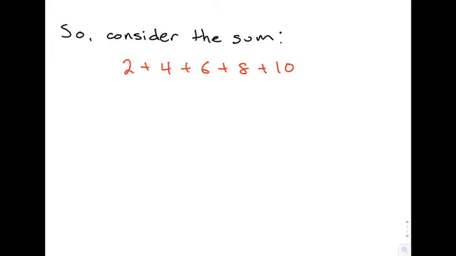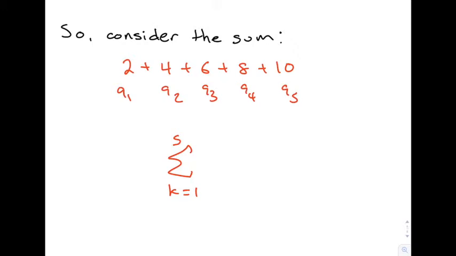So consider the sum 2 plus 4 plus 6 plus 8 plus 10. We have 5 terms, A1, A2, A3, A4, and A5. Since this is a sum, we need to write our sigma. We start at the index K equals 1, and we end at the term 5, right? We have 5 terms here beginning at A1.